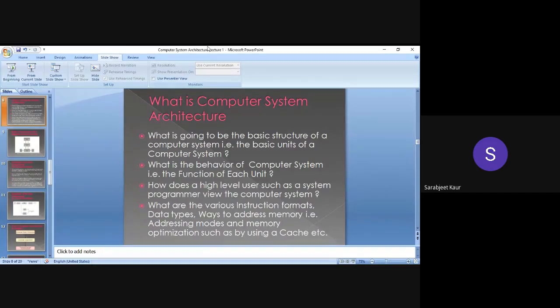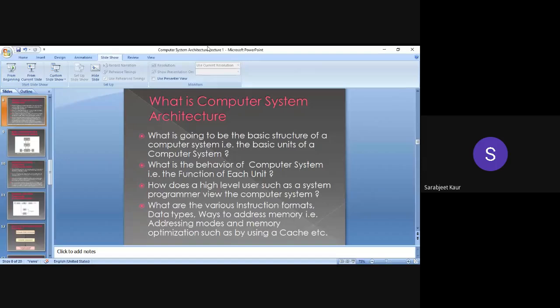Right now you are working with the computer system at the level of a high level programmer, that means using C++, and on the other side, computer system architecture gives you an overall view of the computer system. So you will be able to look at, first of all, the architecture of the computer system.